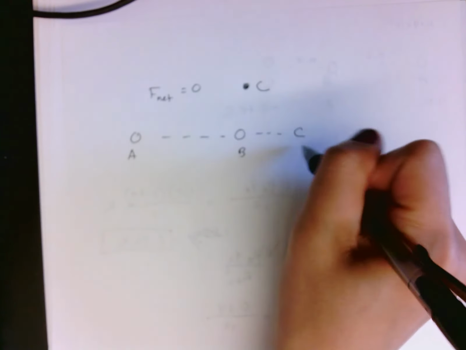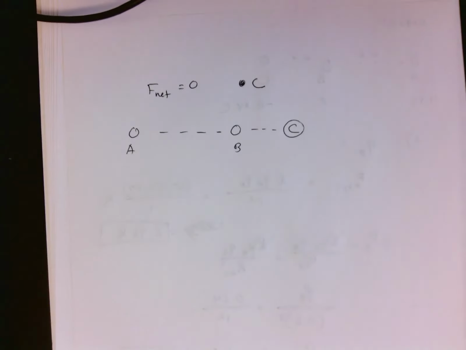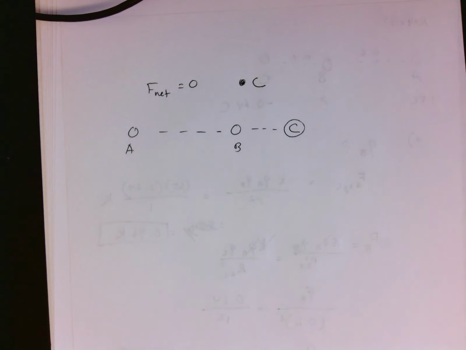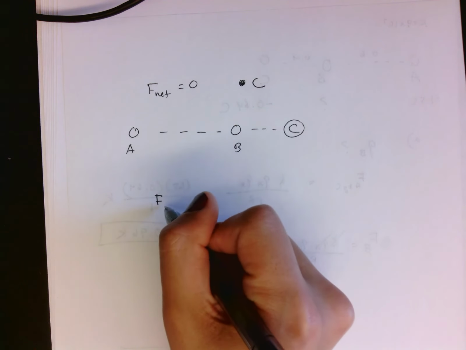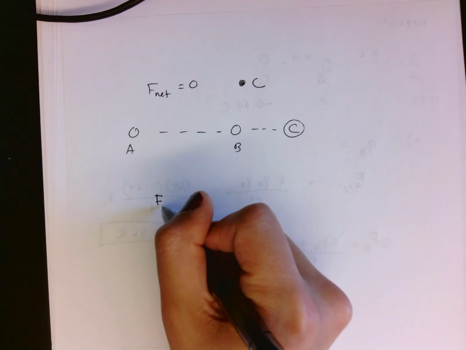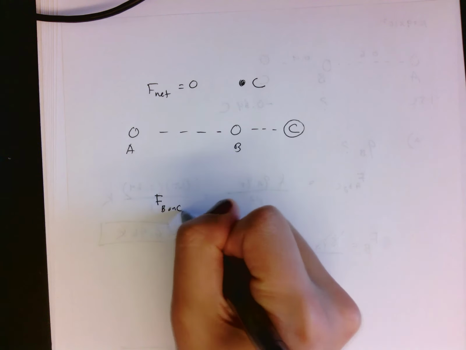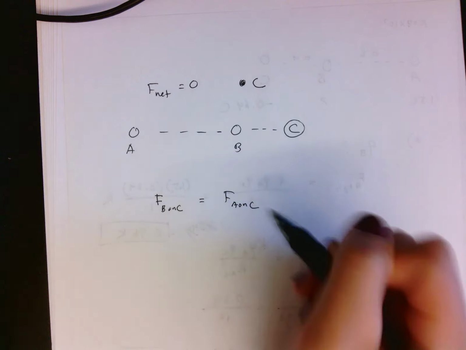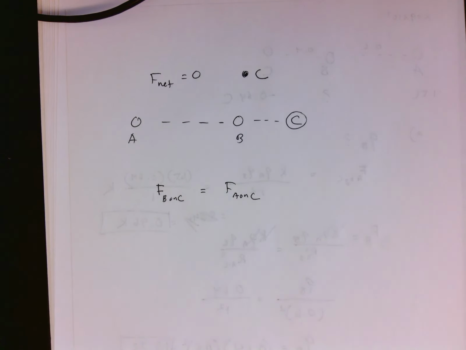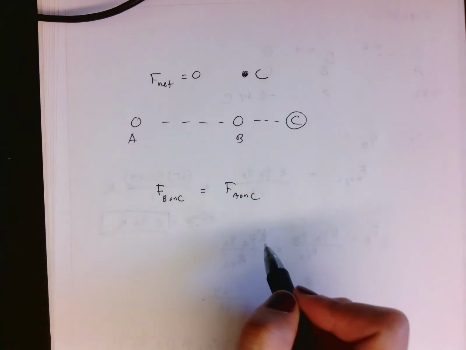So this is A, B, and C. Okay, so if F net is equal to 0 on charge C, then we know the force of B on C is equal to the force of A on C, magnitude-wise, because F net equals 0, and those are the only two forces acting upon it.